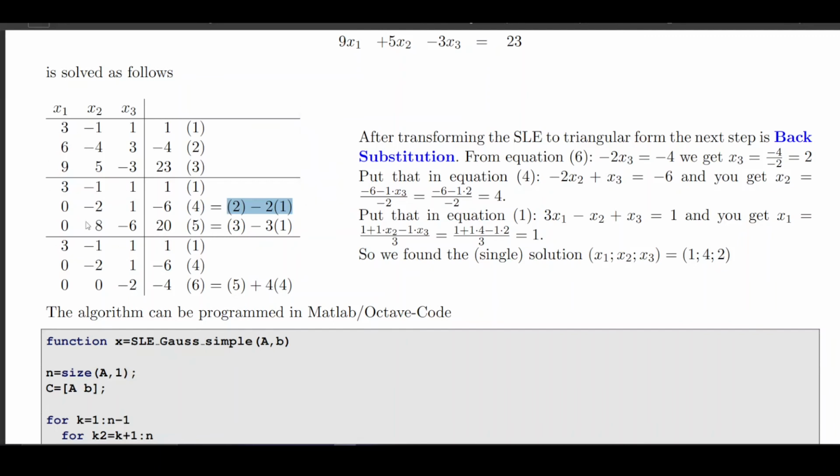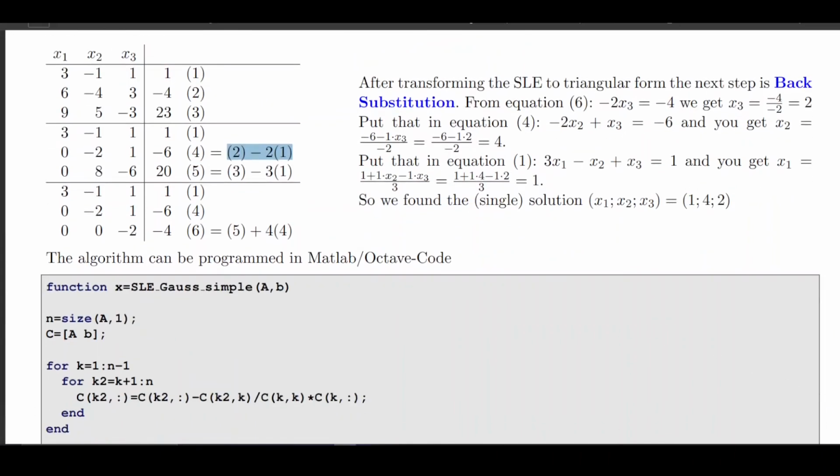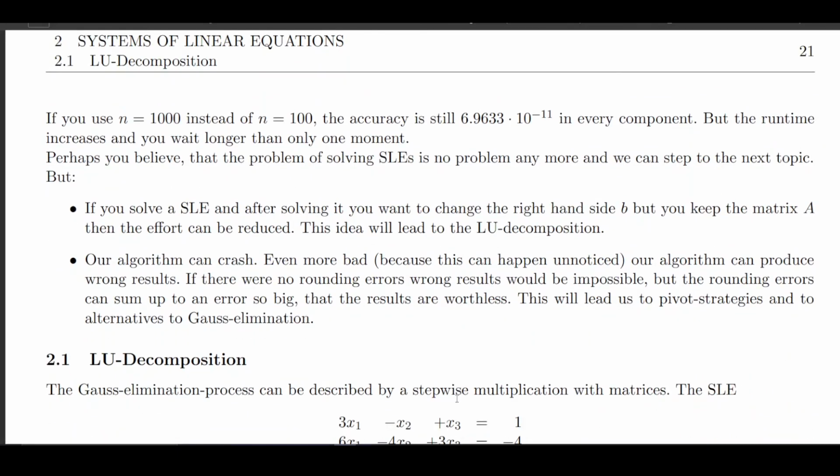So this process will happen again exactly as a copy, and only on the right hand side will something new happen. And so it might make sense to first not care about the right hand side, and then if we did the process on the left hand side, later it will be easy to exchange the right hand side. Maybe you are not in the situation that the left hand side will be kept and the right hand side exchanged, but if you are in that situation, then we can profit from the LU decomposition.